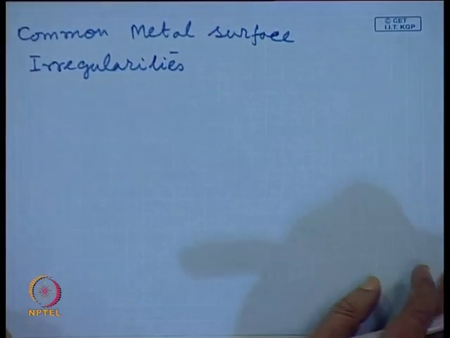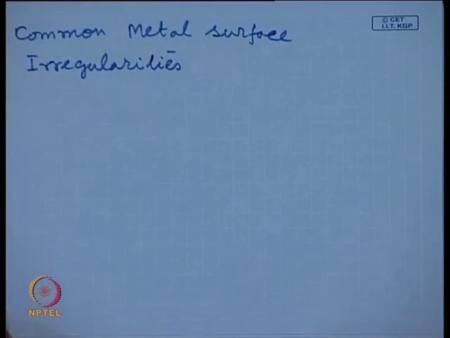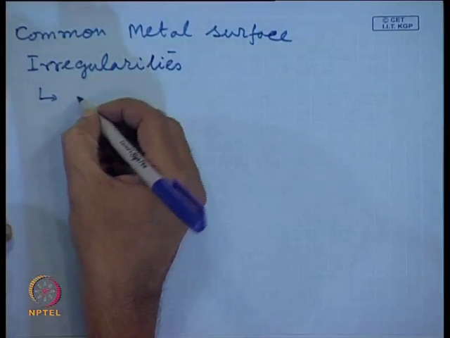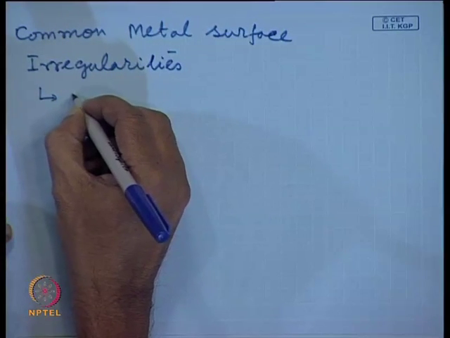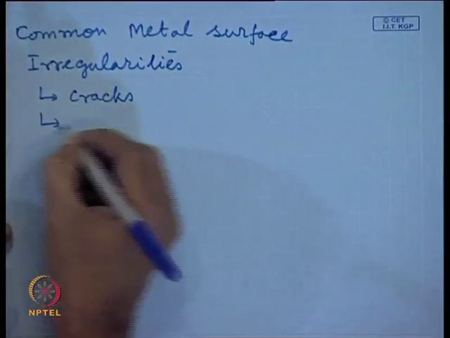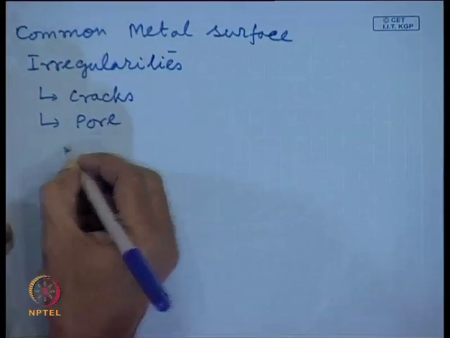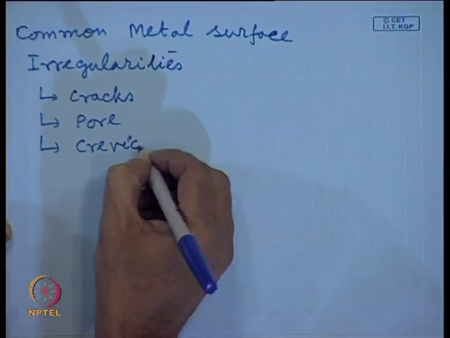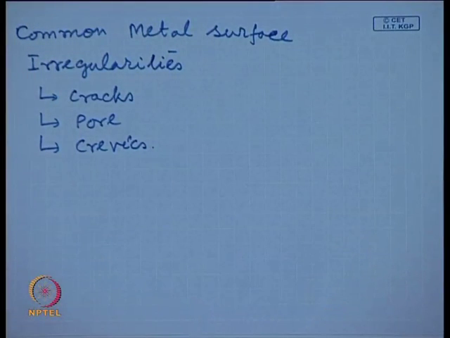This we have discussed, but let us look into it in a bit more detail. So, these irregularities are cracks, pores, crevices, etc. And they play a very major role in reducing the degree of superheat needed for boiling.